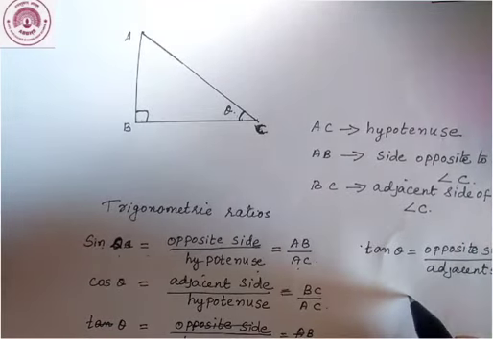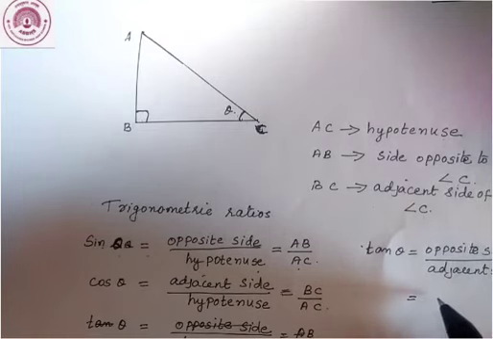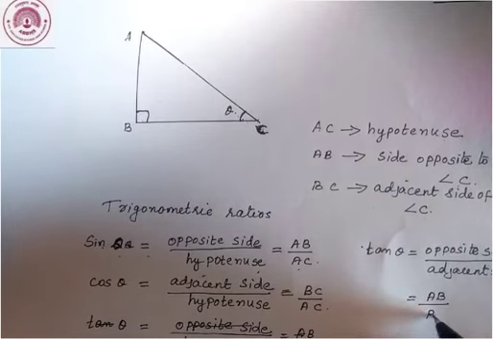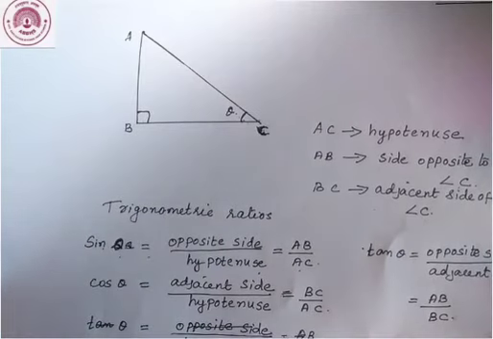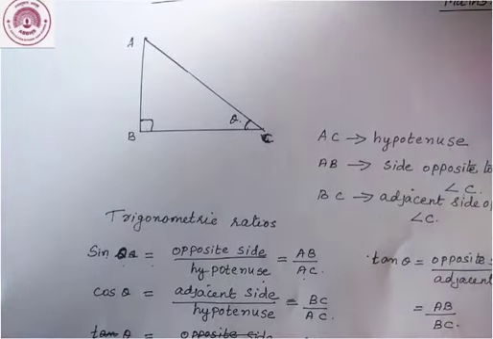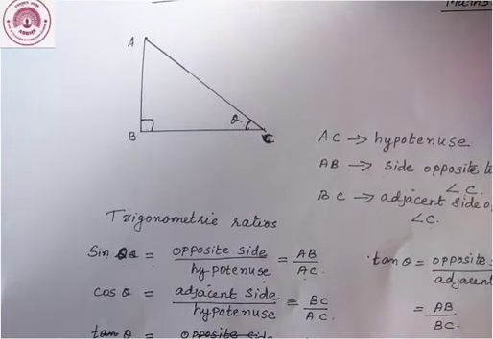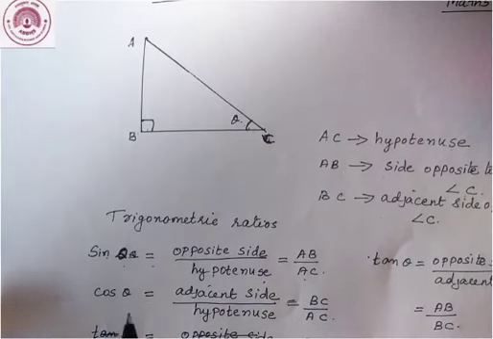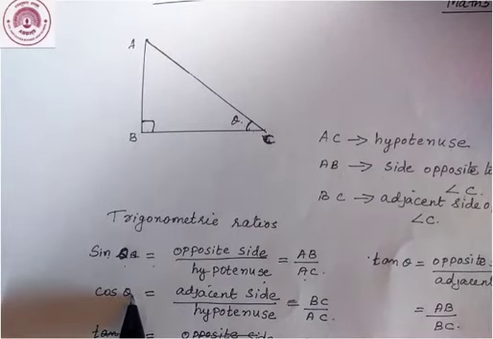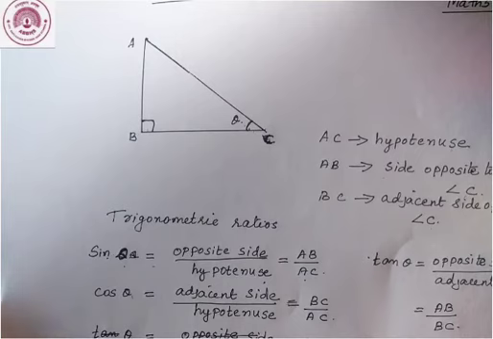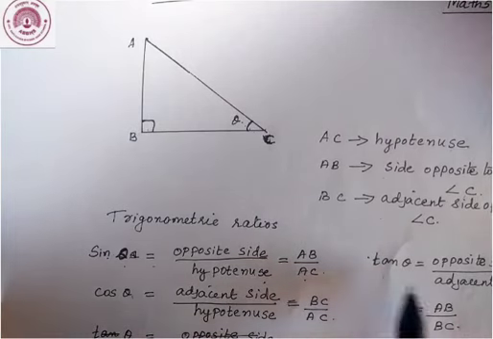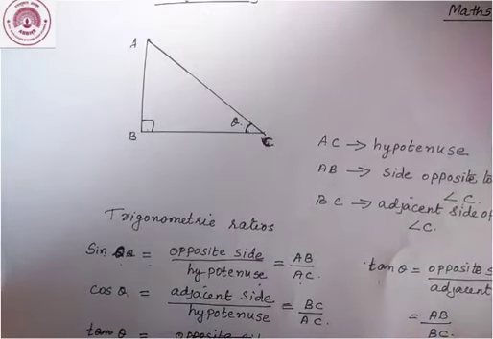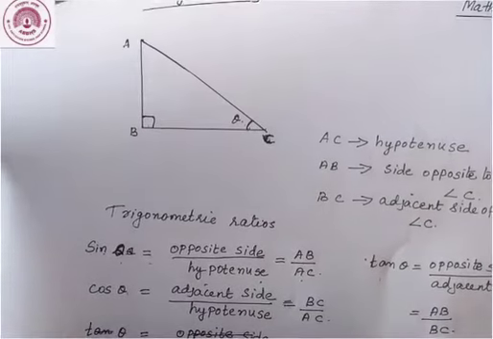The side opposite to angle theta is AB, upon the adjacent side BC. So these are the first three ratios: sine theta, cosine theta, whose short form is cos theta, and tangent theta, whose short form is tan theta. Tan theta is equal to opposite side upon adjacent side.